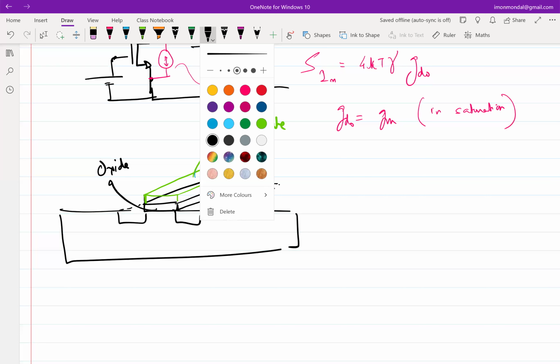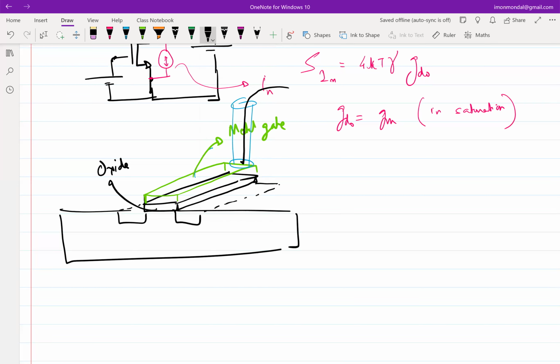On top of that, you can assume that this is a distributed channel because underneath this, you are going to have a capacitor here, a capacitor there, and so on. It's essentially a transmission line. Instead of inductance, you have distributed resistances, and within these resistances, you have capacitances connecting to the channel underneath.